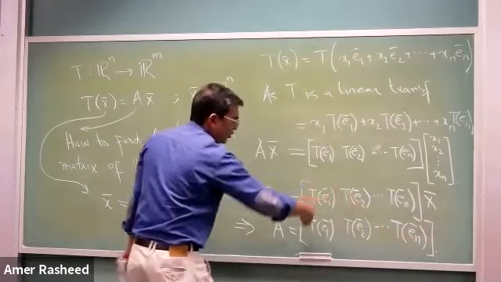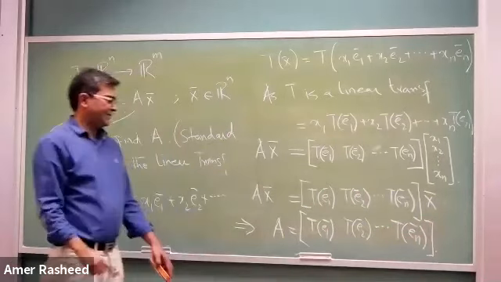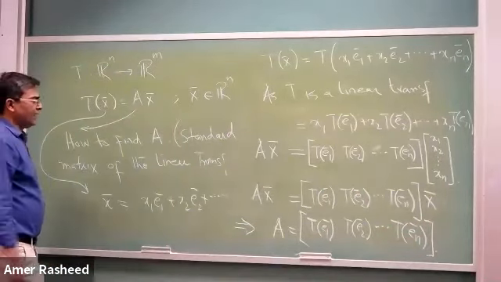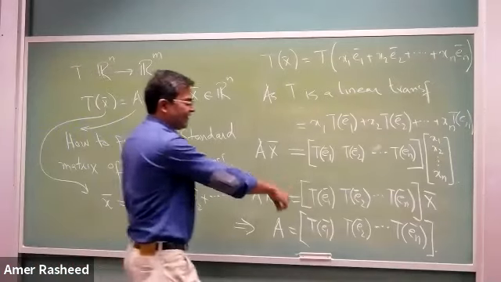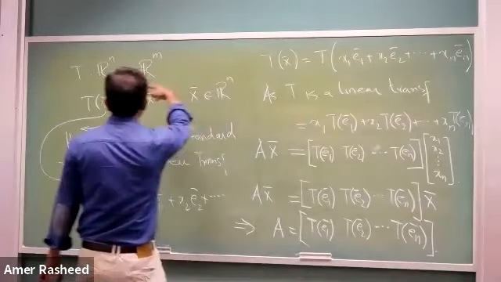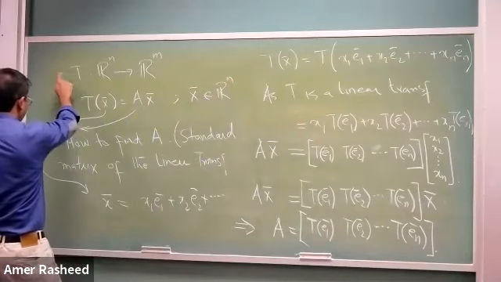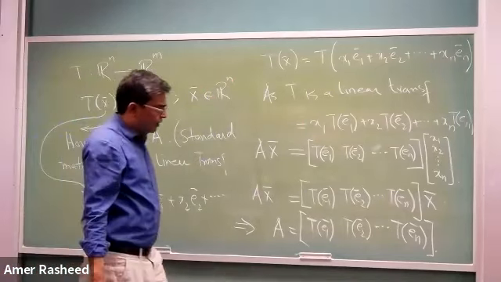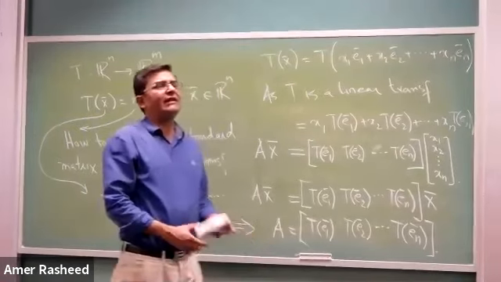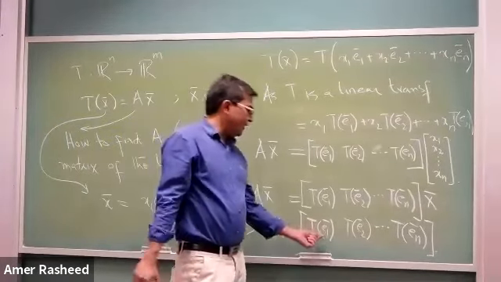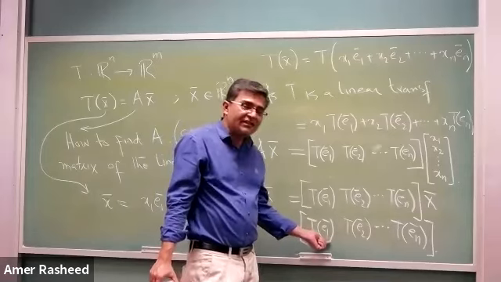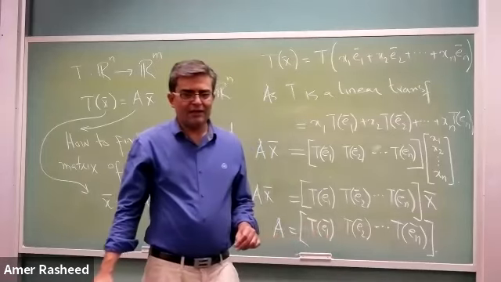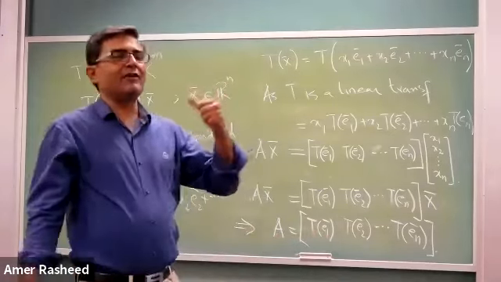This is your standard matrix of the given linear transformation T. In order to find the standard matrix of a linear transformation, we only have to find the images of the unit vectors under the given linear transformation.